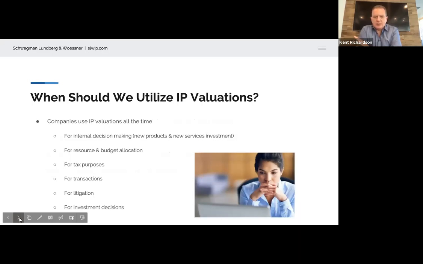When we have resource and budget allocation, we used to use a relative valuation process in setting budgets. I used to manage a decent sized portfolio at Rambus, and we would rank order our patent assets so that we could resource and budget allocate.